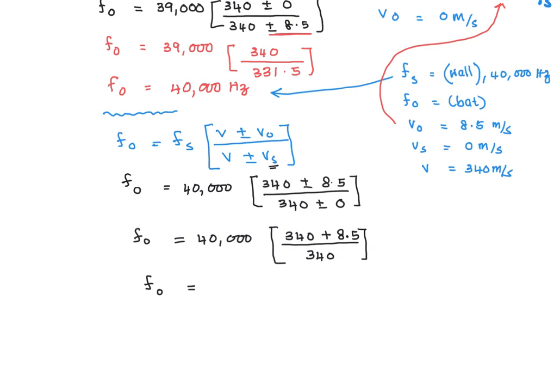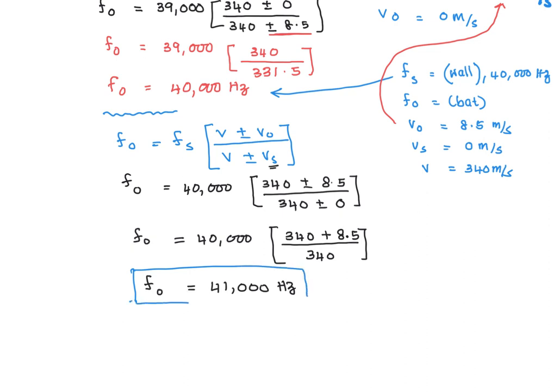All right, so let's use these values in the calculator and find the final answer. And the final answer is 41,000 hertz. So that's that, and we can box this, and this is the final answer.